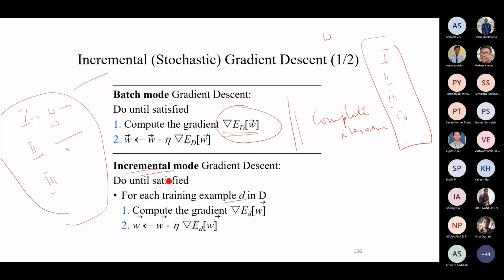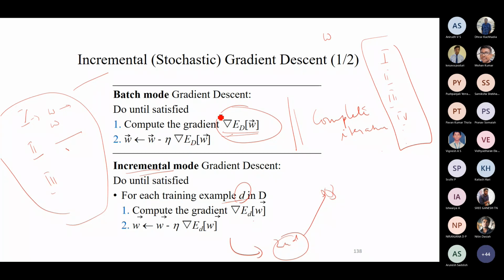In the incremental mode, for each training example D, you compute the gradient, modify the weight vector, and apply it for the second record, then the third record, and so on. That is the incremental mode.